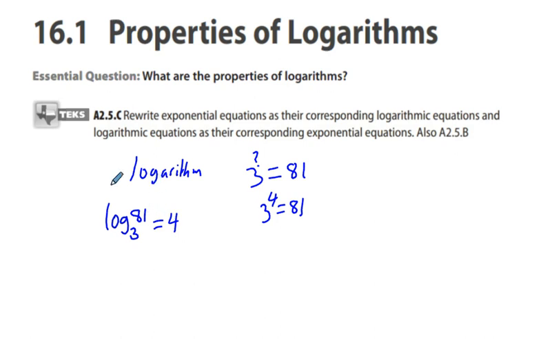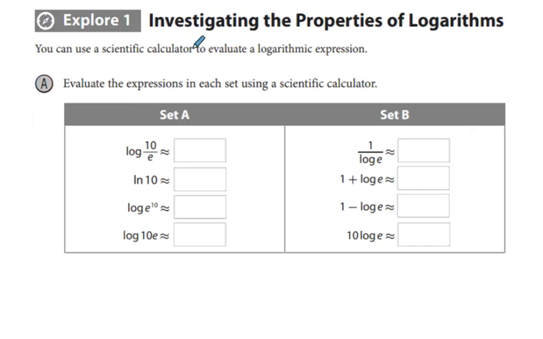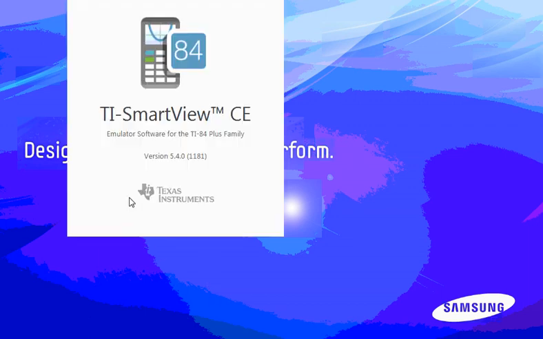So we're going to be going over properties of logarithms today. The first part is an exploration, investigating the properties of logarithms, and what we basically have here is a calculator exercise. So I'm going to get out our calculator. The first one we have here is log 10 over e.